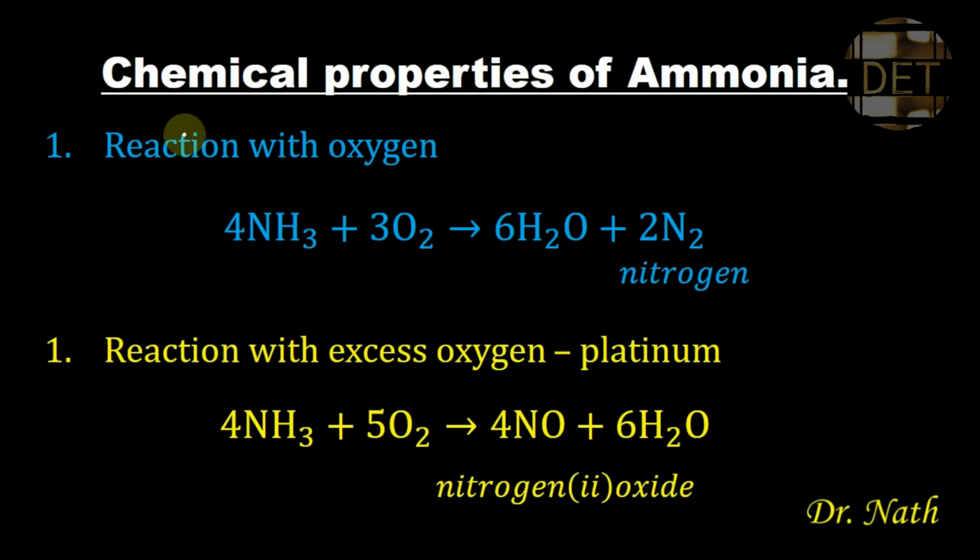So just a quick recap. We're looking at the chemical properties of ammonia, and the first chemical property we've looked at is the reaction with oxygen. When ammonia reacts with oxygen, it will produce water and nitrogen, that is in a limited amount of oxygen.